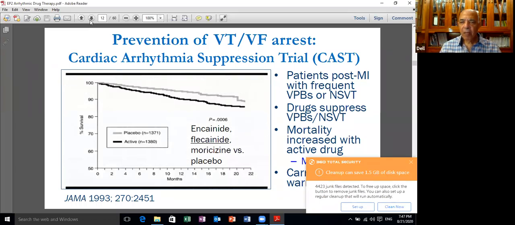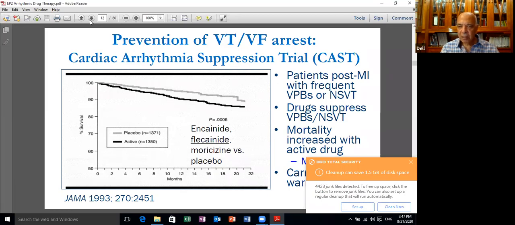People thought if people are dying generally from ventricular fibrillation and ventricular tachycardia, particularly pulseless ventricular tachycardia, and if both of these conditions are ushered in by frequent PVCs or non-sustained ventricular tachycardia, why don't we use the most potent drugs available at that time, which were encainide, flecainide, and moricizine, to block the PVCs and the non-sustained ventricular tachycardia, and thereby block the occurrence of ventricular tachycardia and ventricular fibrillation. So the theory was appealing to everybody.